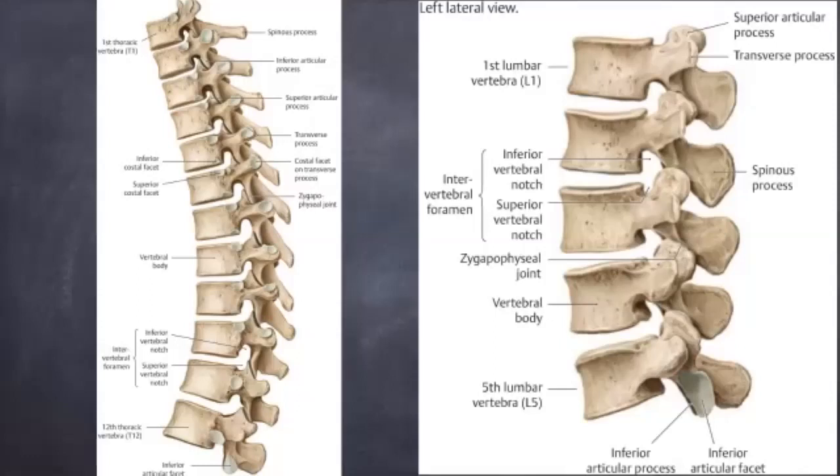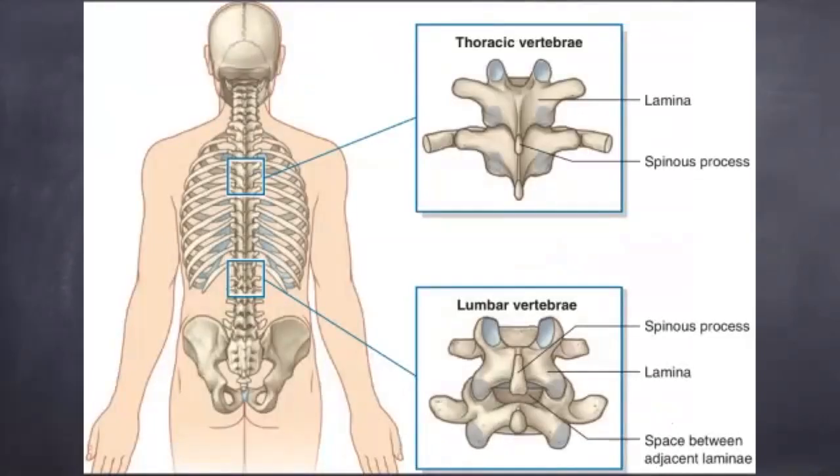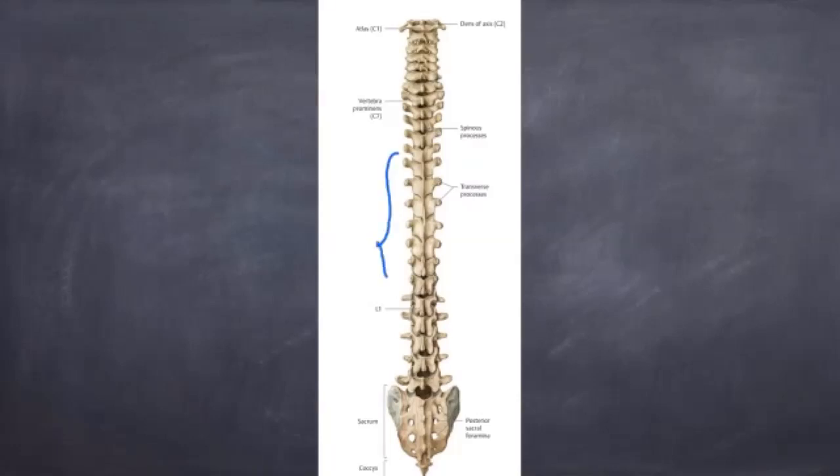You see the spinous processes and laminae of the thoracic vertebra form a complete posterior bony wall, whereas in the lumbar region there is some gap, which can be further widened by flexion of the spine. You see there is no gap here in the thoracic vertebra, there is some gap here. There is gap, gap, gap, gap.